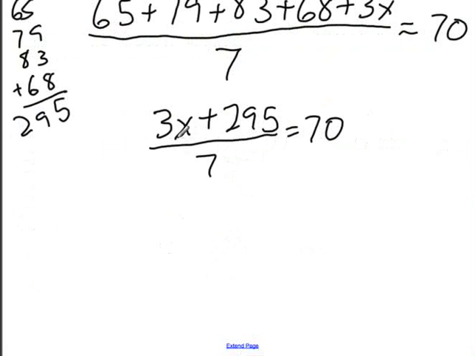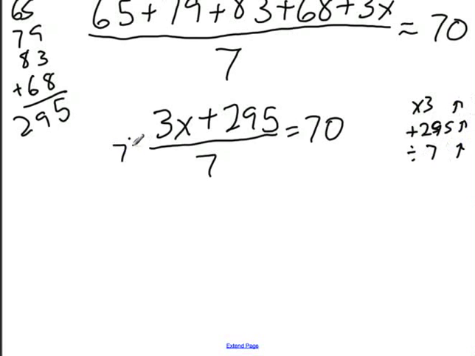Now, in order to undo all of this, we have to ask ourselves what's happening to x. So x is getting multiplied by 3, then we're adding 295, and then we're dividing by 7. And if you remember, we need to go backwards and do the opposite thing on each one. So the inverse of dividing by 7 is multiplying by 7.